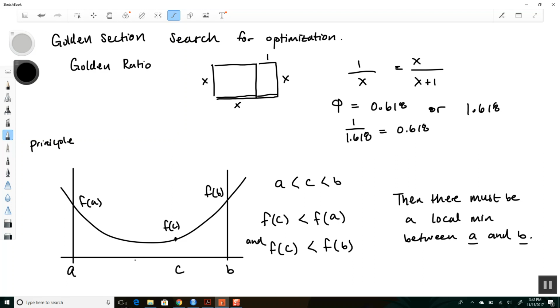So to maximize, apply the minimizing algorithm to -1 times the function.